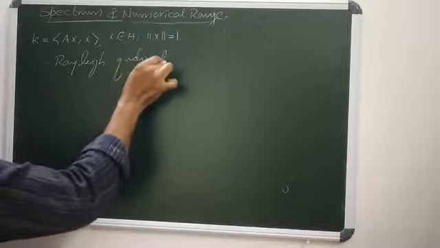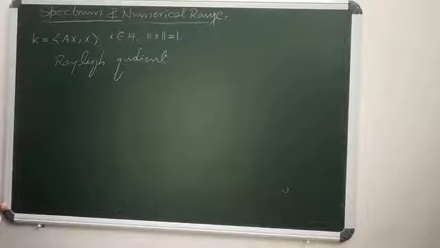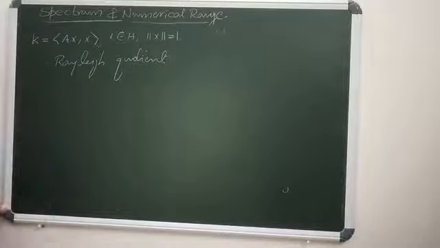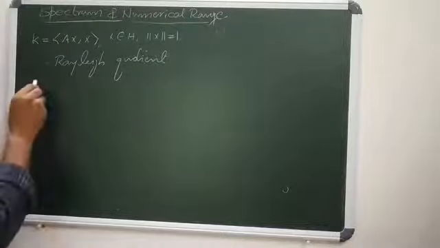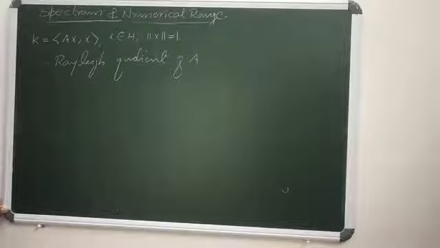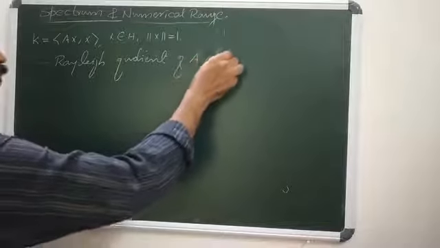So consider this K, the inner product of Ax and x for all x in H with norm x equals 1. This scalar K is known as the Rayleigh quotient of A with respect to x, or the Rayleigh quotient of A at x.